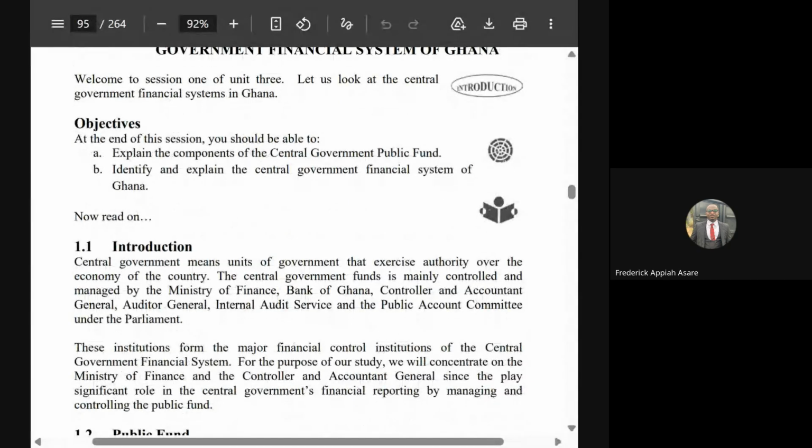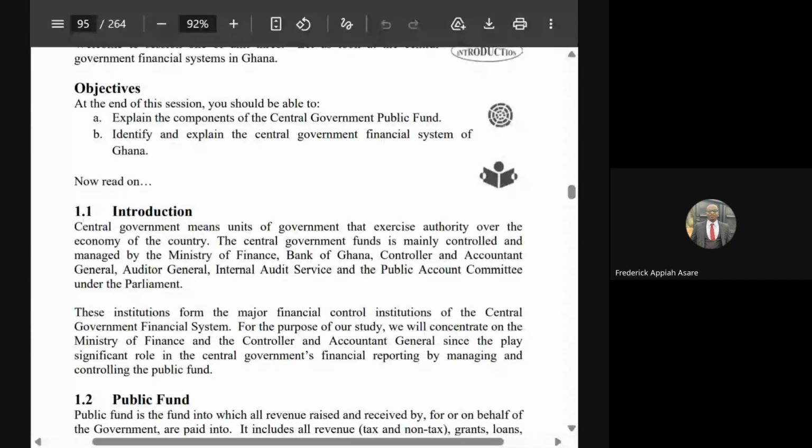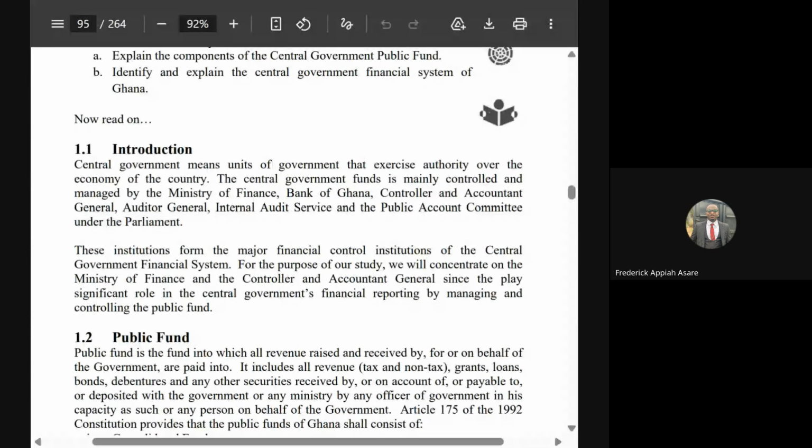If I say central government, I'm talking about the Ministry of Finance. And you realize that the kind of revenue the central government receives is different from what the local government will receive.